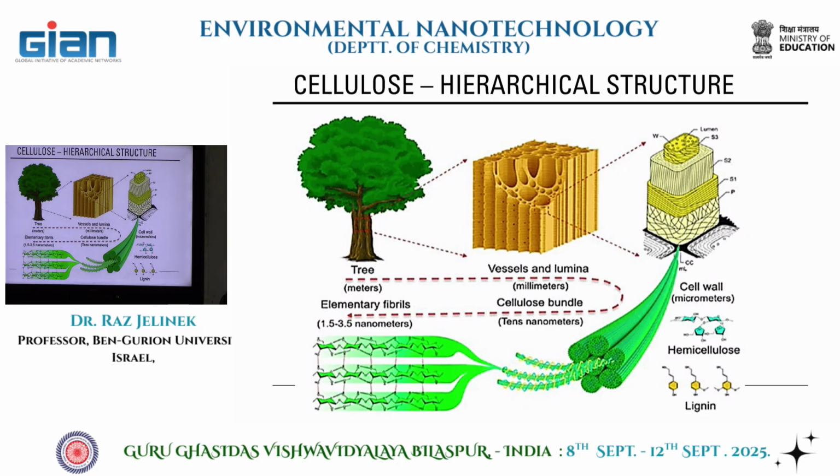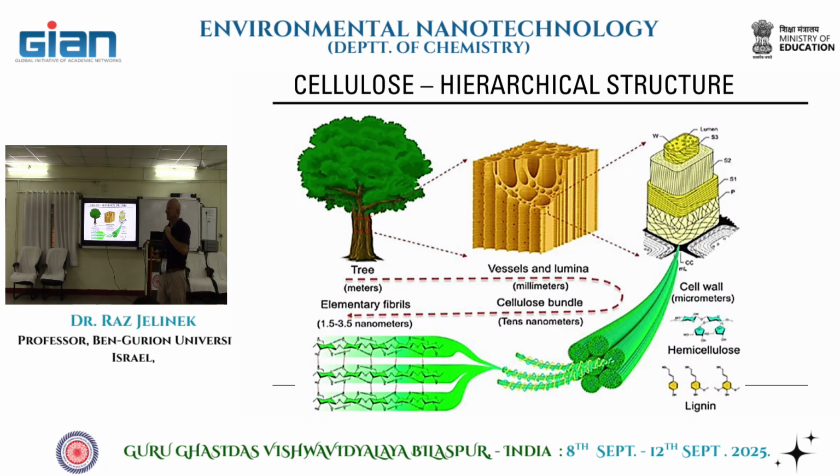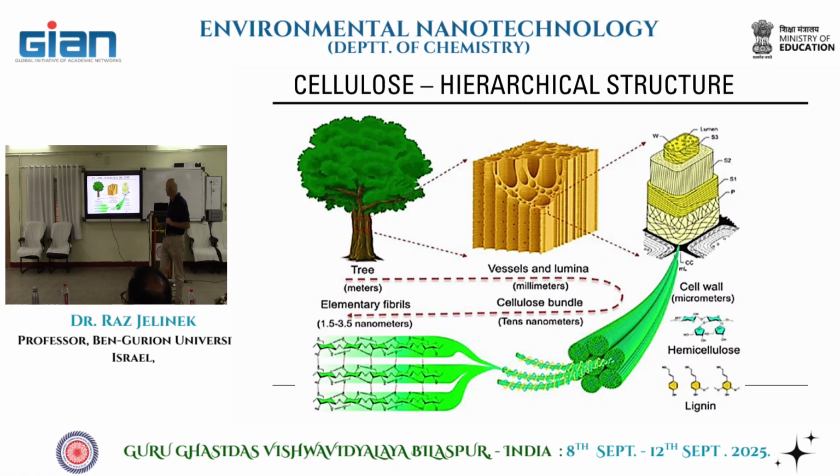Because then we take the cellulose, we can make furniture, which is very strong. We can make paper, which is very thin. We can make filters. We can make clothes. We can make everything just from these cellulose nanofibers.